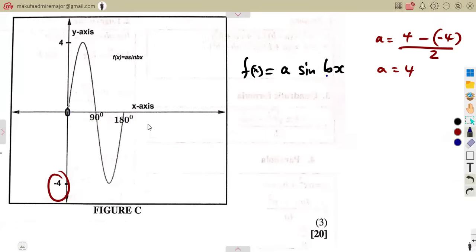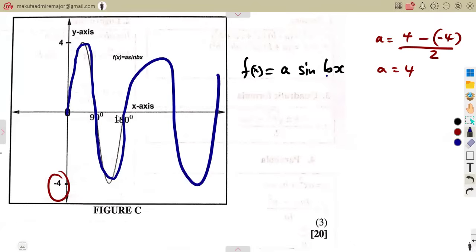So it simply means our B is 2 there. There are 2 cycles. It was supposed to be from 0 to 360, but now we are going to complete 2 cycles to cover up to 360 degrees. There is another cycle that we have. So there are 2 cycles, 1, 2. So B is going to be 2.